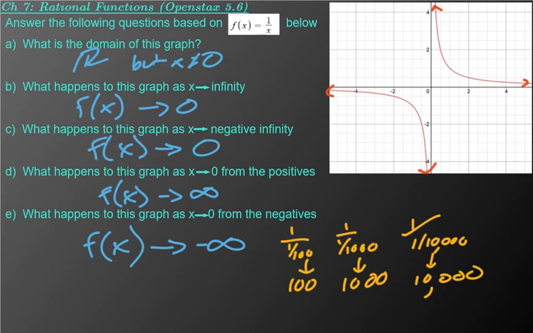And so you can see that you're skyrocketing. As you approach 0 from the positives, the thing is shooting way up to infinity. So this is a very important rational function. It's one of our parent functions that you're going to want to know. We're going to use it to help us graph today.